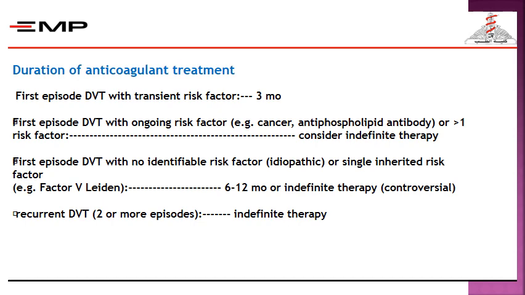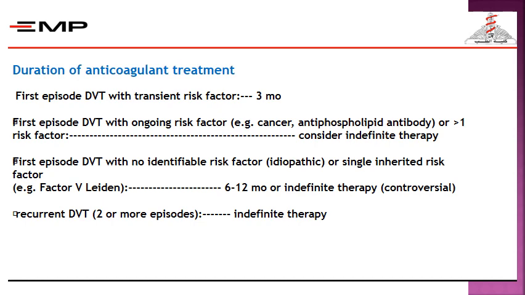So, if there is more than one risk factor, consider indefinite therapy. First episode of DVT with no identifiable risk factor or single inherited risk factor, for example, in case of factor V Leiden, 6 to 12 months or indefinite therapy.